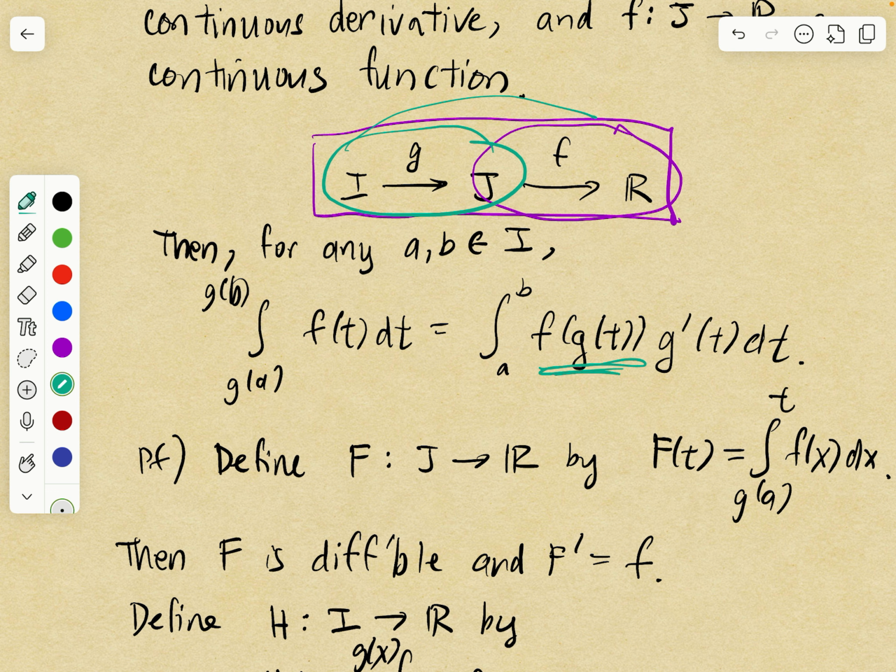That's this f of g of t, but then you have to multiply by the derivative of g to get g prime of t, and then you integrate the product here. And if you look at the change of variables formula in higher dimensions, that's basically what's going on. So the u-substitution fact is, in higher dimensions, the change of variables formula. And this is the change of variables formula in one variable.